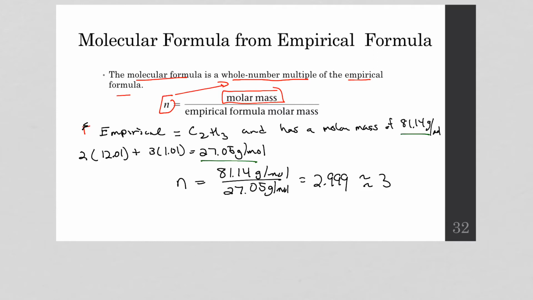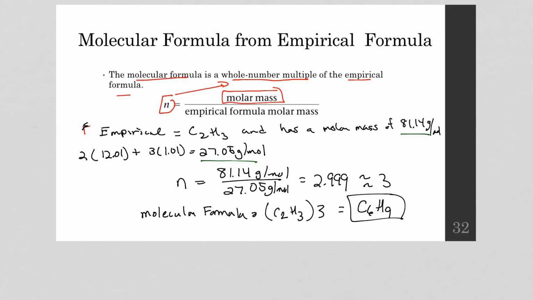That means the molecular formula equals the empirical formula C2H3 times 3, or C 3 times 2 is 6, H 3 times 3 is 9, so C6H9 would be my molecular formula. So in this case, it's 3 times what the empirical formula is.